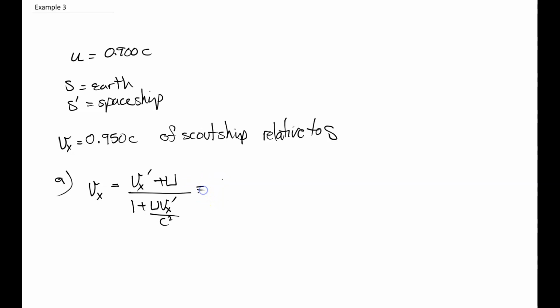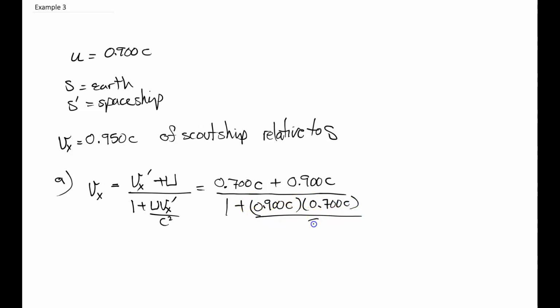So we get 0.7 c plus 0.9 c over 1 plus 0.9 c times 0.7 c over c squared.